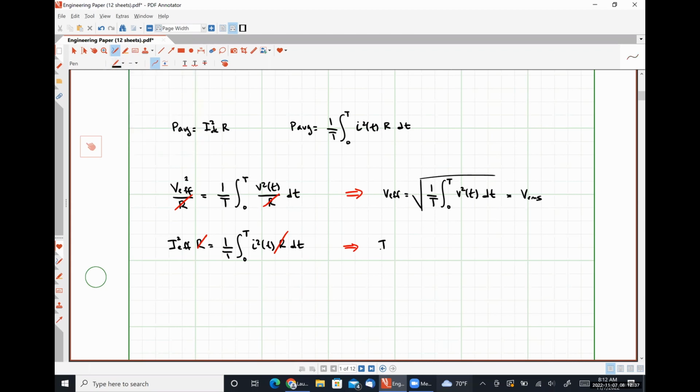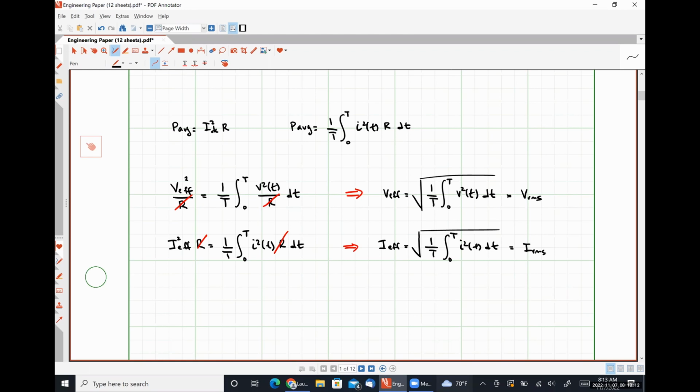And from this, we find that the effective value of our current waveform is the square root of 1 over T times the integral of I squared dt. And we might also call this IRMS. So it's effectively the exact same expression, except that when we want a current, we square a current waveform. And when we want an effective value for voltage, we square the voltage waveform. Okay.